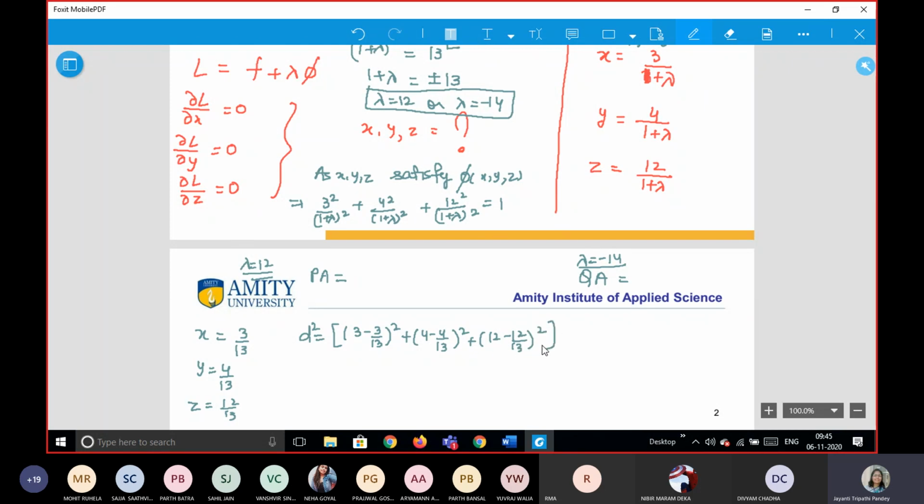This is equal to 3 into 13 minus 3, so that is 2 into 13. If I take out 1 upon 13 square, it's common.